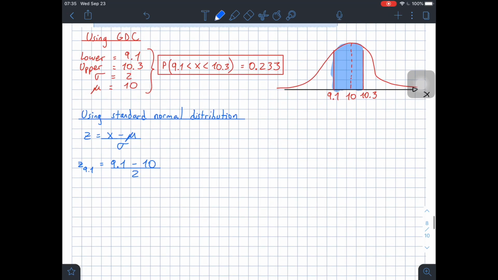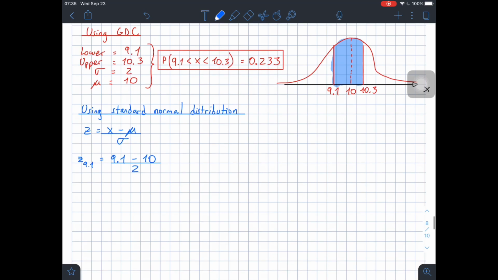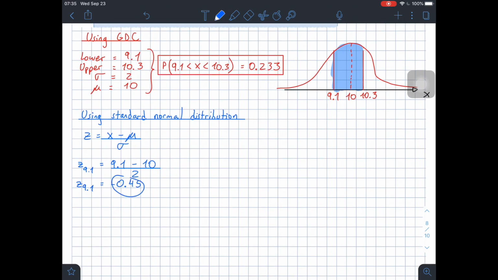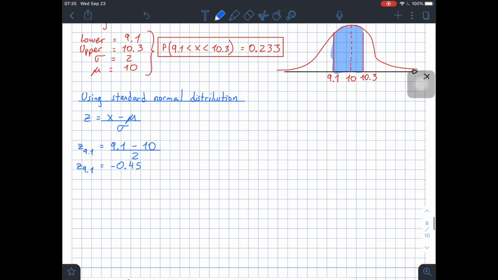If I solve this using the calculator, you would see we would get a Z value of negative 0.45. So this means that negative 0.45 is the equivalent value of 9.1 for this situation. We're going to do a sketch later on and you will understand.